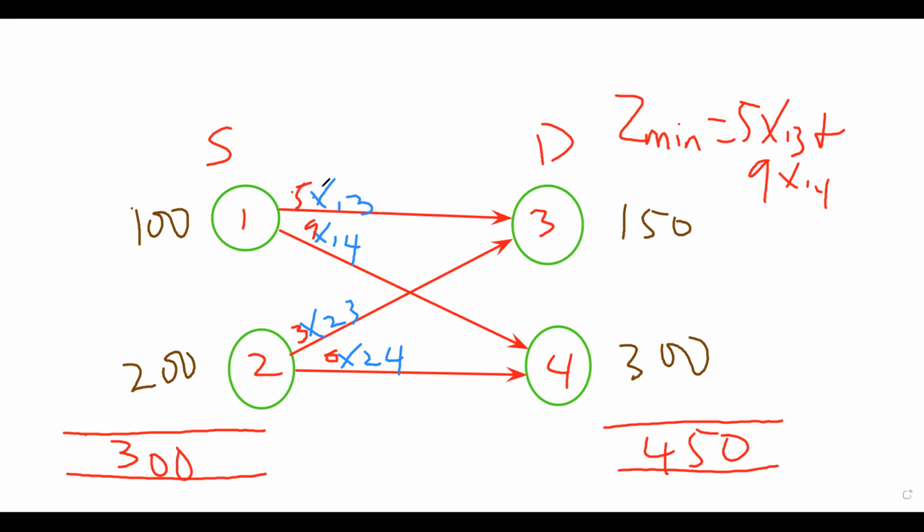It's not the cost. You don't add the cost, but just the decision variables. So which decision variables are leaving the node 1? Well, the first one is x13. So we'll write it as, let me write it here.